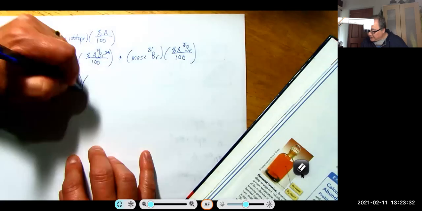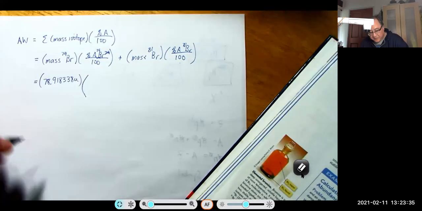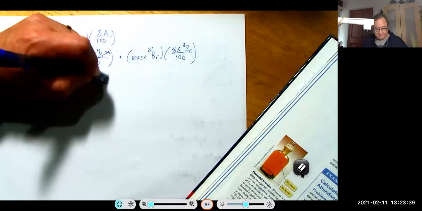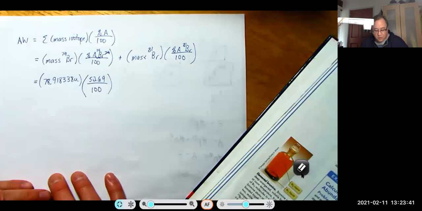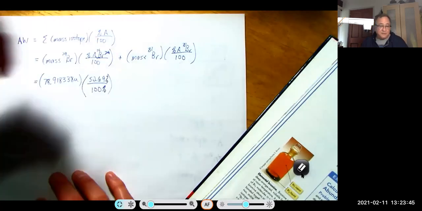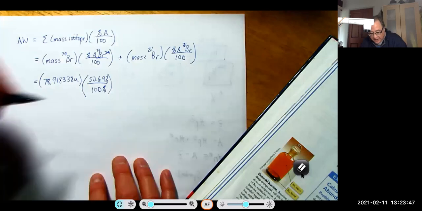The percent abundance is 50.69, and then you put that over 100. If you want, you can say 50.69% over 100%. That'd be fine, but you don't need the percentages. I don't usually put those in.